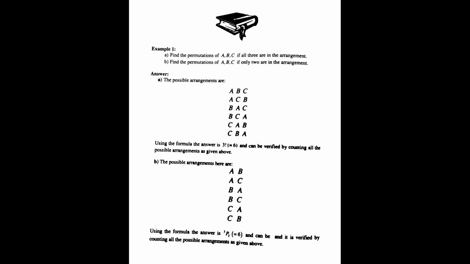So when we are using the third theorem, the second answer is 3P2, right? 3P2 means 6. So the first Roman number, which is factorial 3, is under the first theorem, right? So the answers are the same, equal.